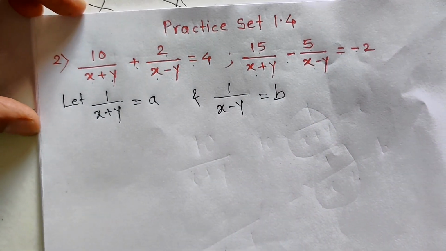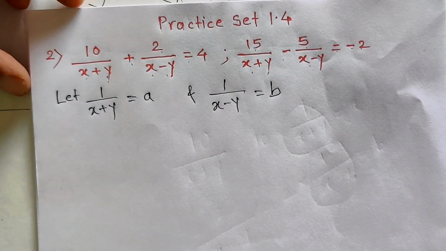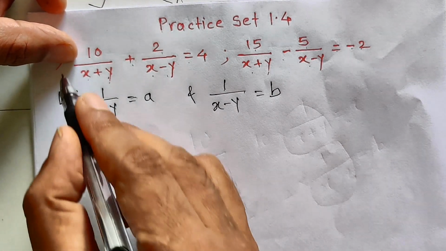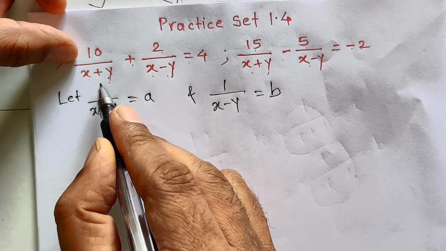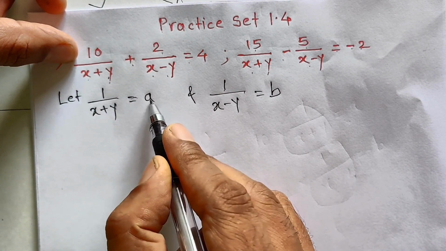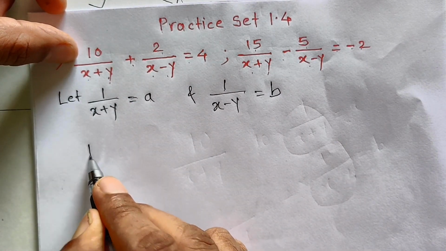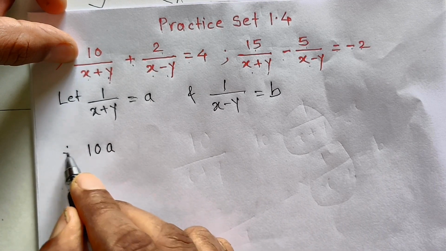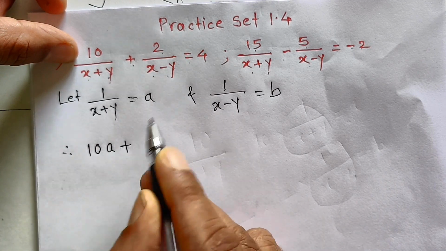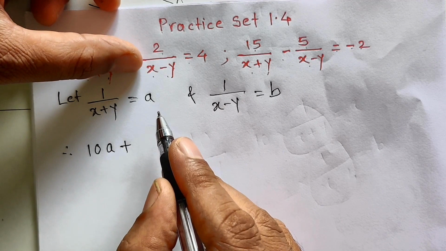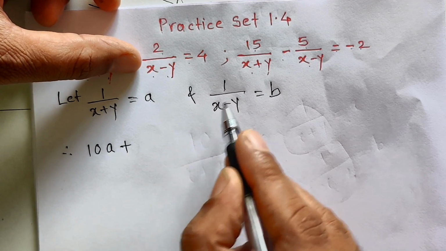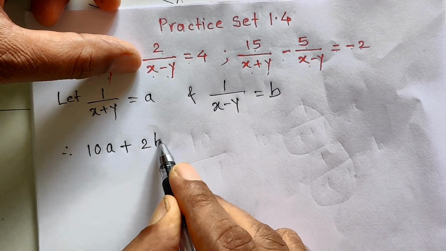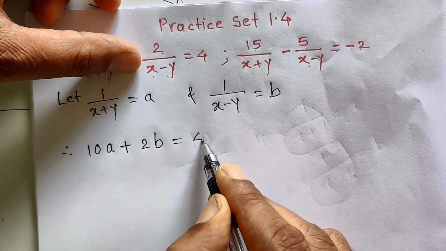Now substitute these values of a and b in equation 1 and 2. So equation 1 becomes 10 upon x plus y. So instead of this there is a, so here it is 10a plus 2 into 1 upon x minus y. 1 upon x minus y means b, means 2 into b, 2b is equal to 4.